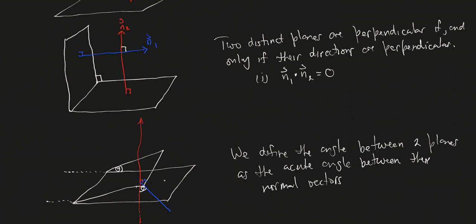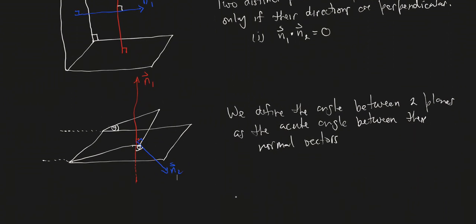And again, we're going to use the same notation. Let me label it over here so it's clear: N1 and N2. So again, it comes back down to doing something with vectors. How do we compute the angle between two vectors?